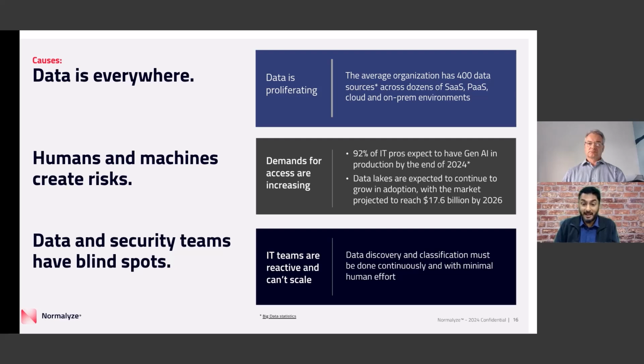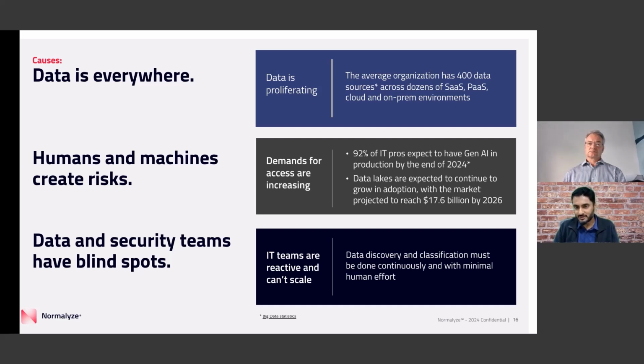And now comes Gen AI. You connect your Snowflake to Gen AI, or your unstructured data source to AI, and so on. And both of those are major trends. As you can see, 90% plus of IT professionals expect to have some sort of Gen AI in production by the end of this year.